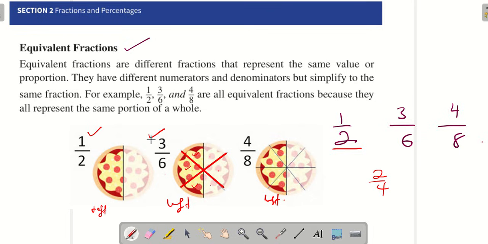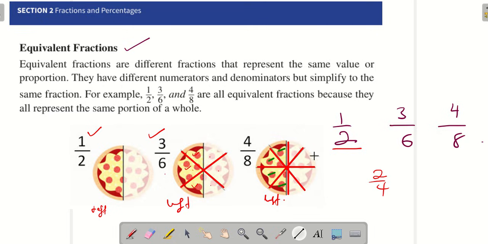And even if we divide it again, we are going to get 1, 2, 3, 4. In this case, the same region, which is half, has become how many regions? 1, 2, 3, 4. It has become 4 regions of how many total regions? 4 out of 8.